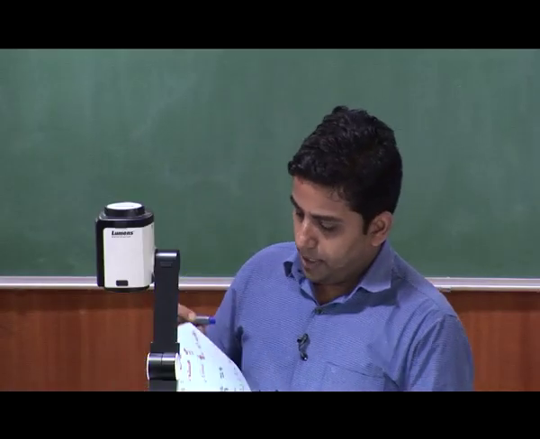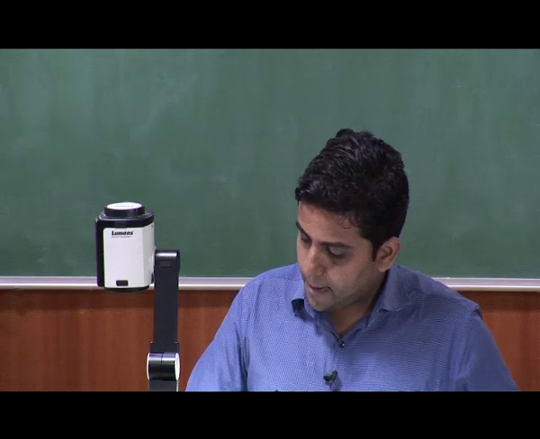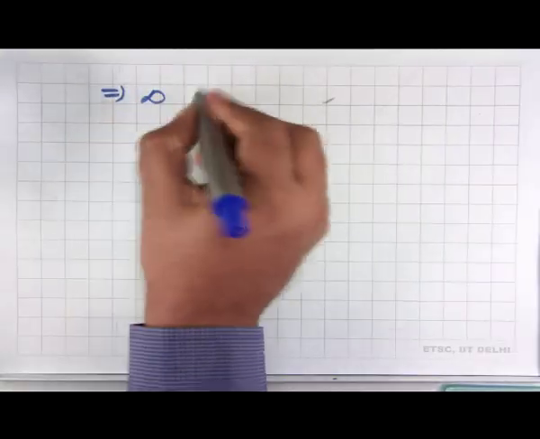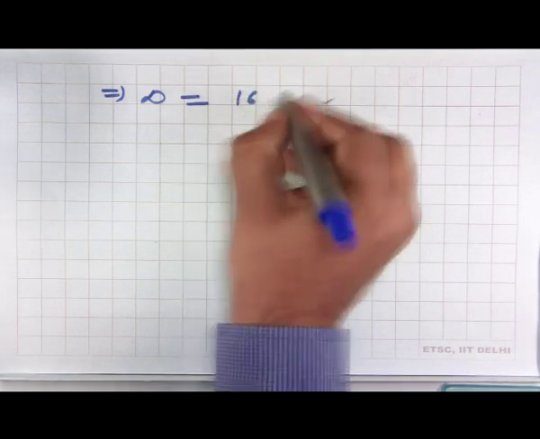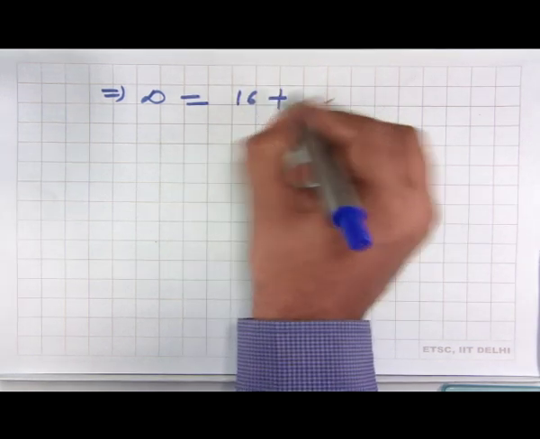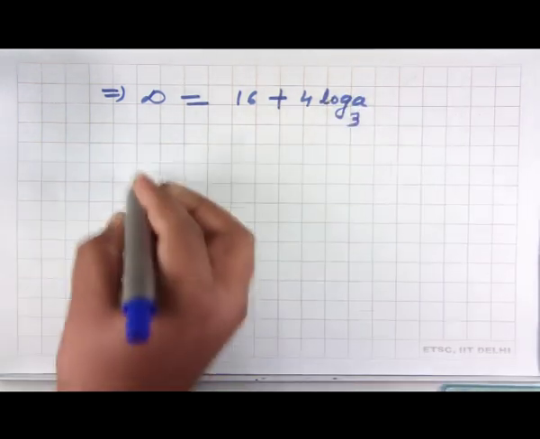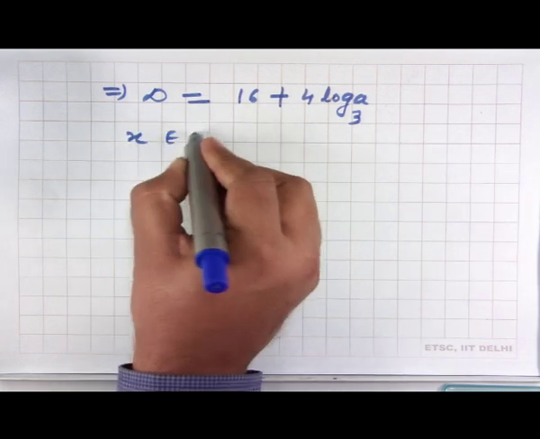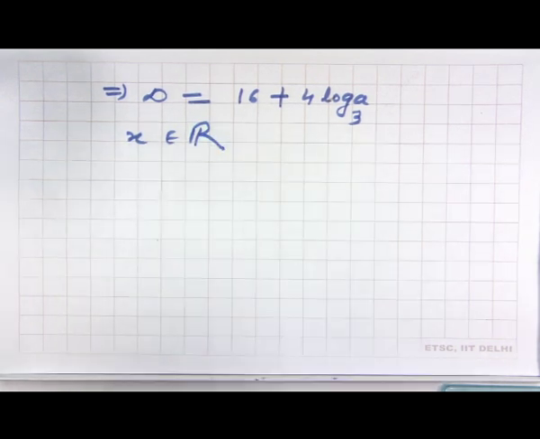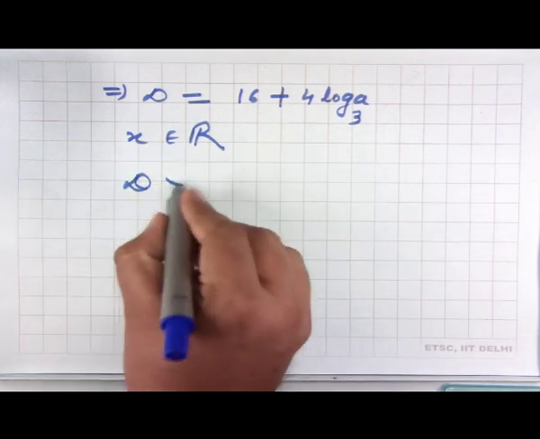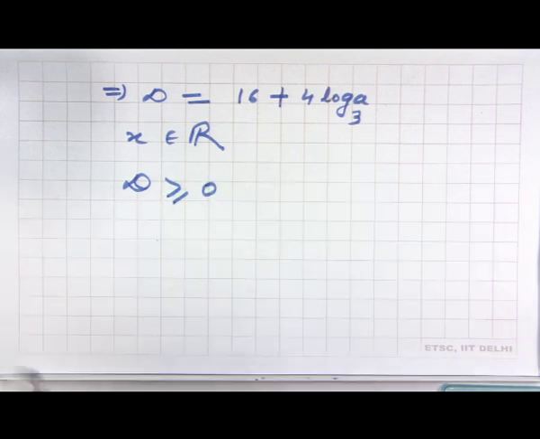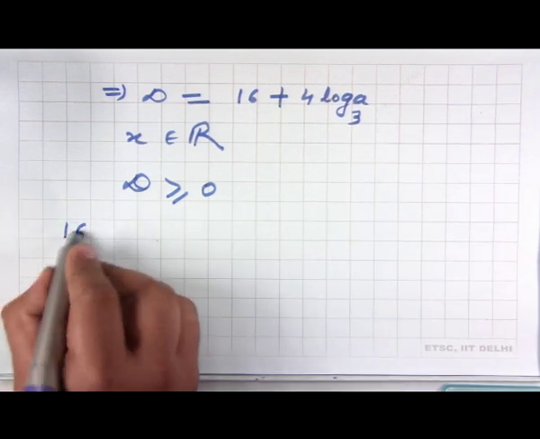Now the value of d is 16 plus 4 log a base 3, because x belongs to real number, roots are real. So discriminant must be greater than or equal to 0.